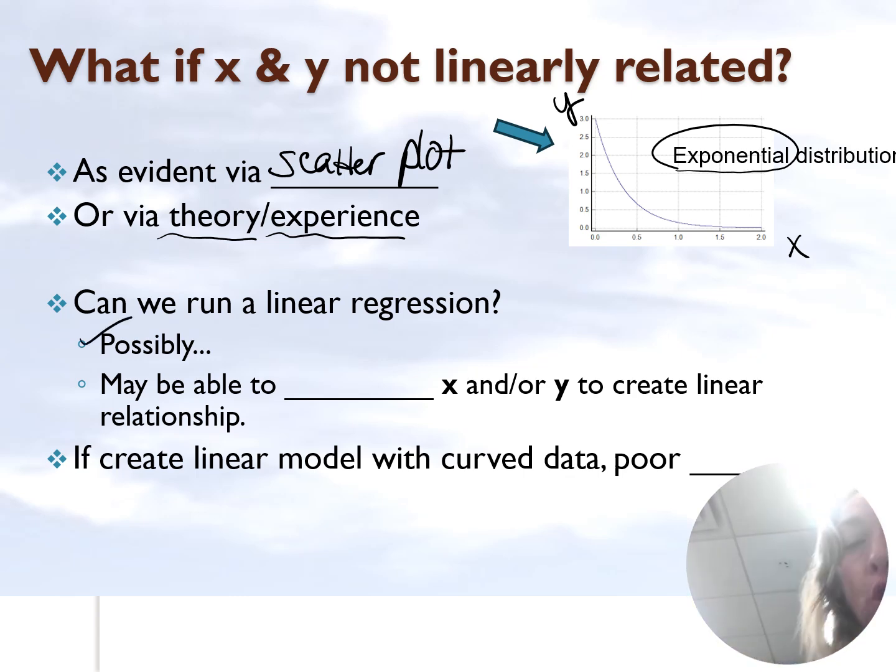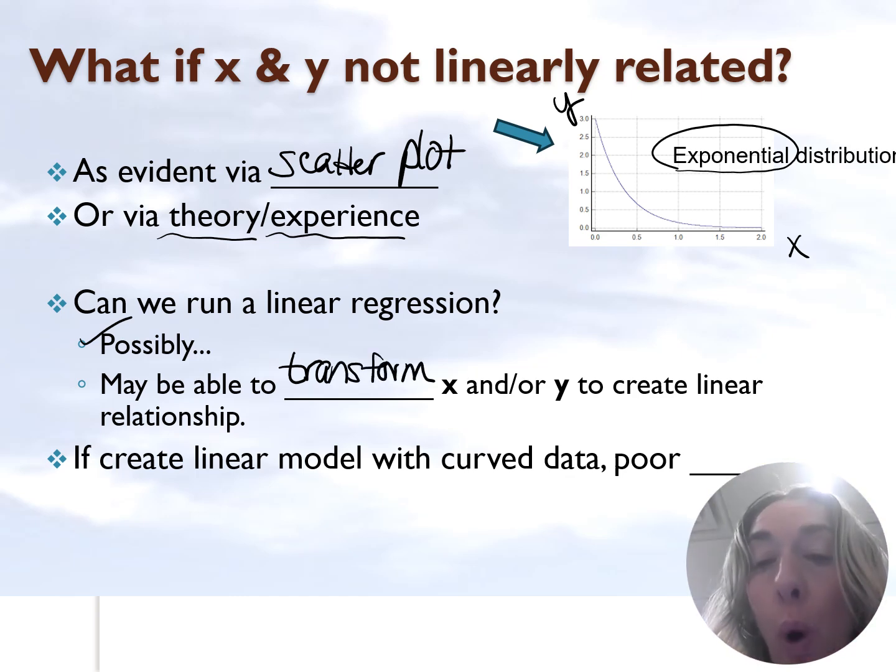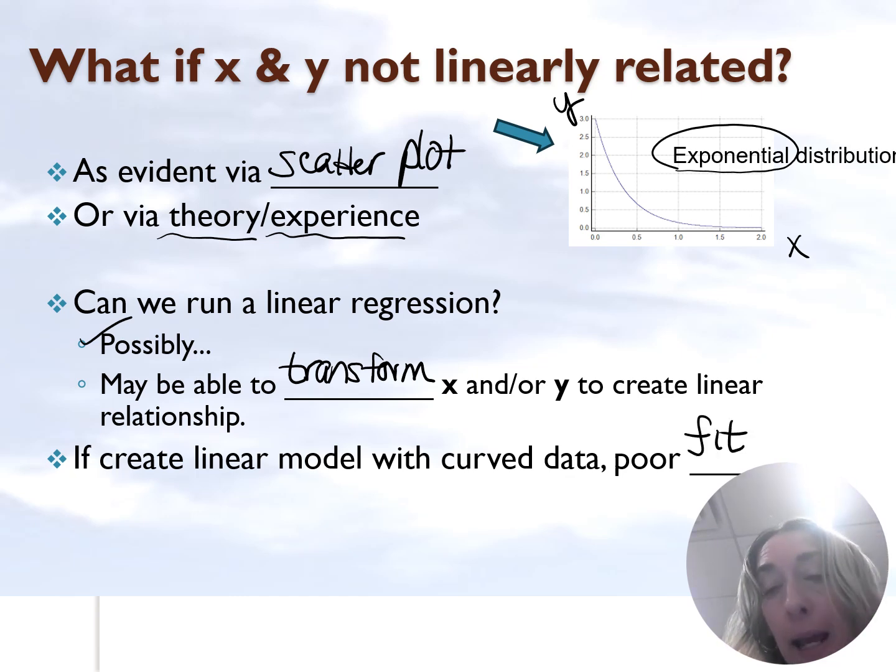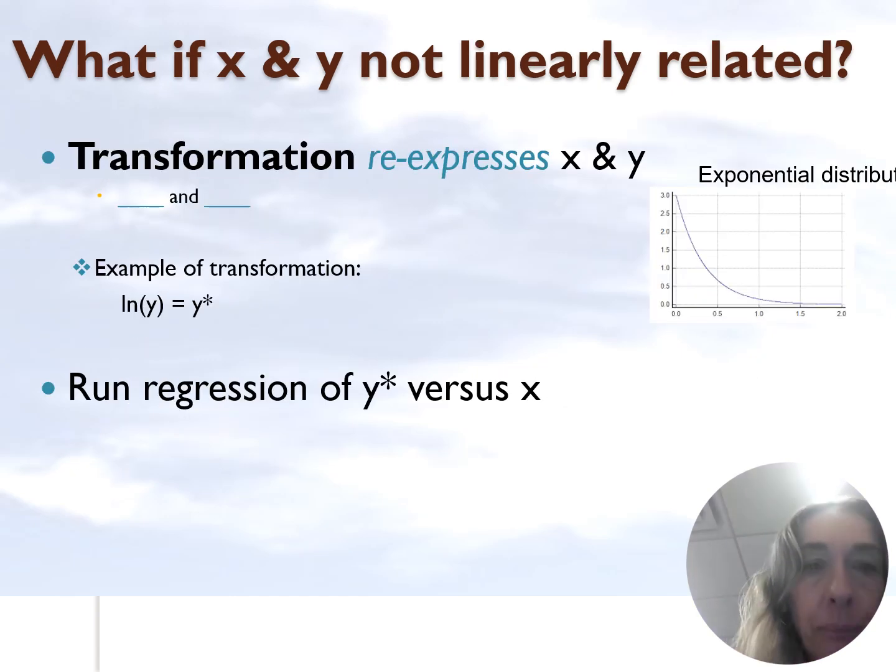You may be able to transform your X and or Y data to create a linear relationship. If you proceed to try to create a linear model with curved or non-linear data, you're going to get poor fit, and so that is not a good approach to take.